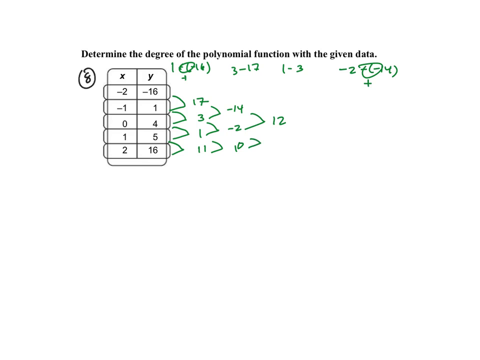And now 10 minus negative 2, so that becomes 12. Now, because here I have the same value, it's a constant value, and I'm going to have one difference, two differences, three differences. That means that the degree for this polynomial equals 3.